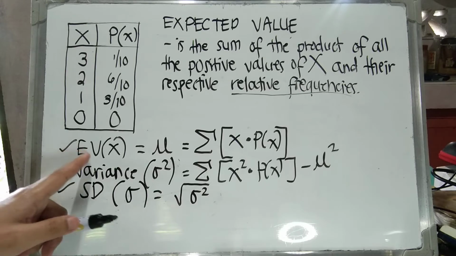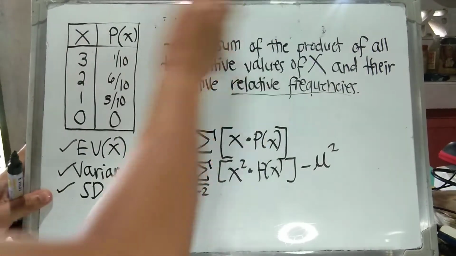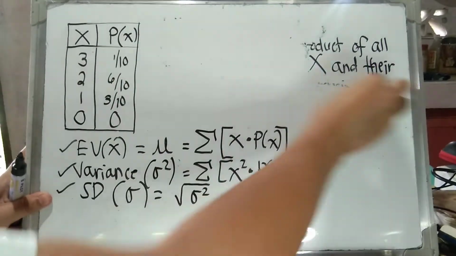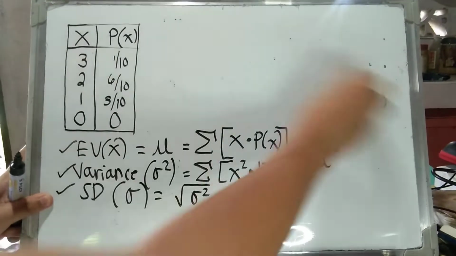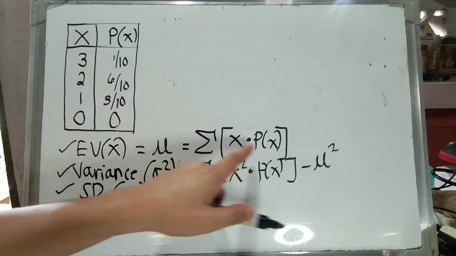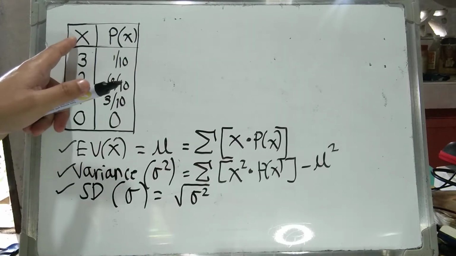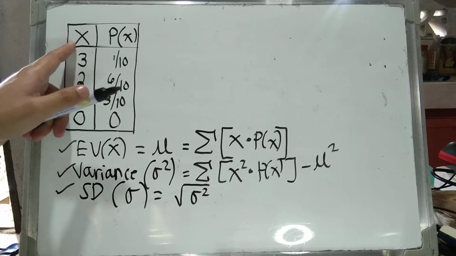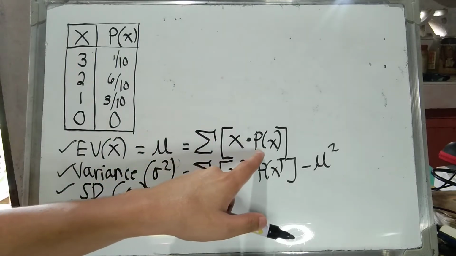Now, we have to find our expected value. In solving for our expected value, we will depend on our formula. According to it, we have to multiply the random value, capital X, and its probability.